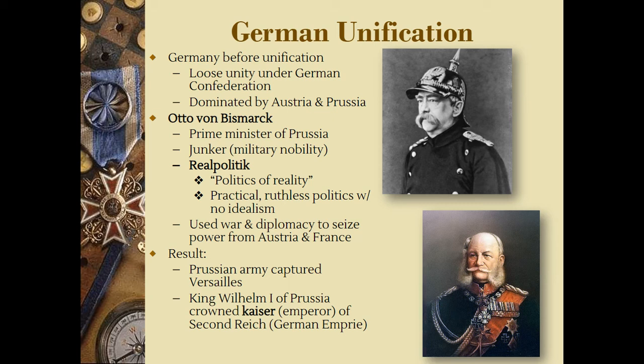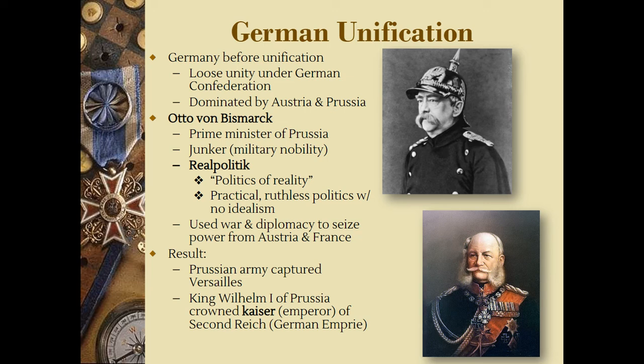With Otto von Bismarck, he's really good at manufacturing incidents between people. I'm trying to make this as easy as possible. He's really good at manufacturing some of these major political events. And so what he ends up doing is he basically makes up this story that the French had offended the Prussian ruler.